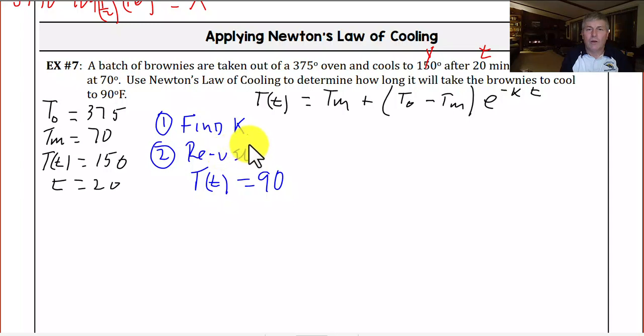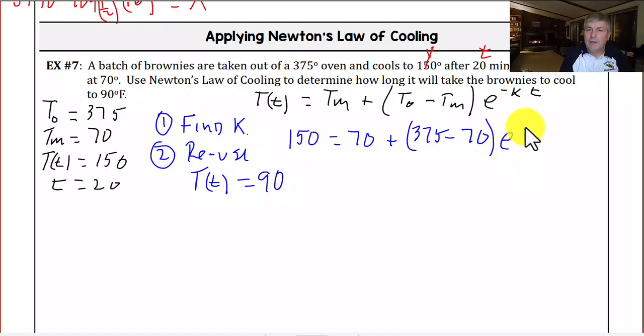So we have 150 equals 70 plus our original temperature, 375 minus 70, times e to the negative k, and our t is 20, so that's negative 20k.